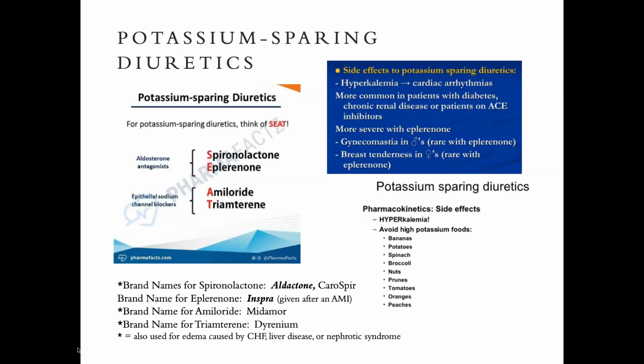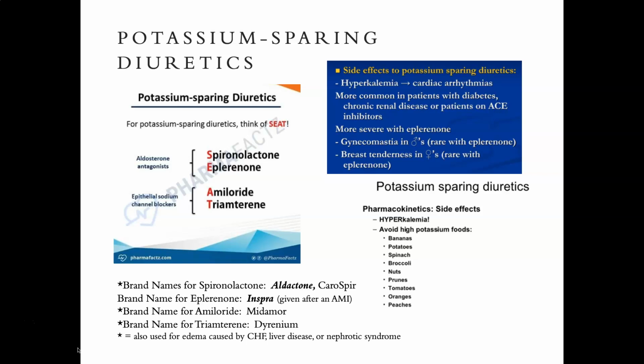Potassium-sparing diuretics. And this just shows you what those are, some side effects of those. And it reminds you to avoid high potassium foods. This is one of those where it's important to educate patients that eating high potassium foods when you're taking a potassium-sparing diuretic can cause you to have too much potassium, hyperkalemia.